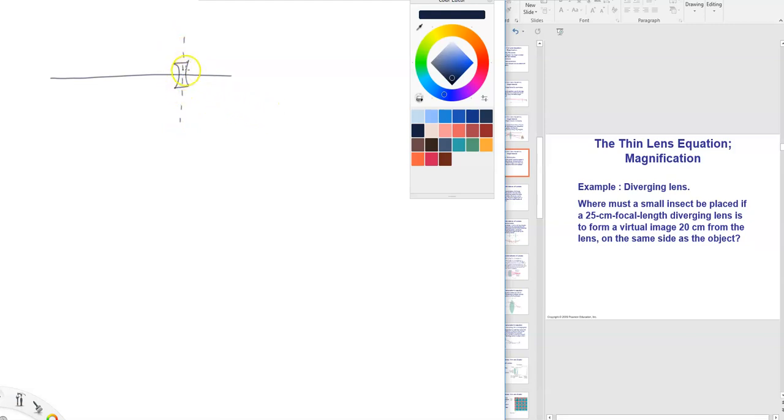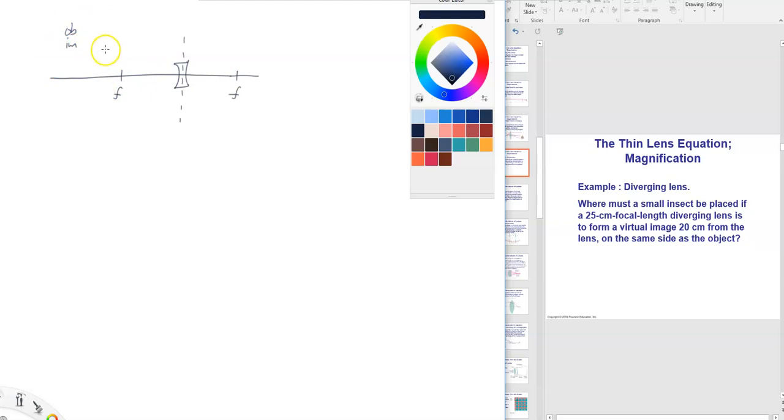The focal length is 25. The virtual image is 20 centimeters from the lens on the same side as the object. So the object and image both have to be on the same side.